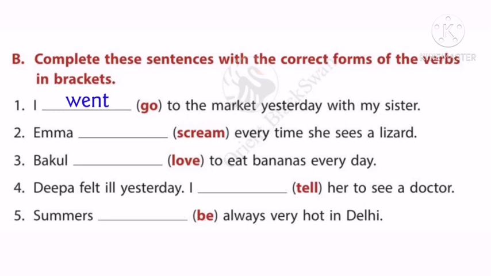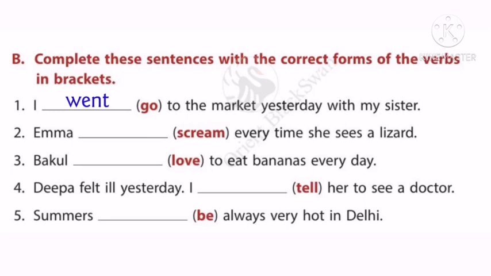See the second one. Emma dash every time she sees a lizard. Here the verb given in the bracket is scream, and we can see this action happens every time. We studied that when an action happens every time or every day, it is in present tense. And we can see the subject, it is Emma. Emma is only one person.